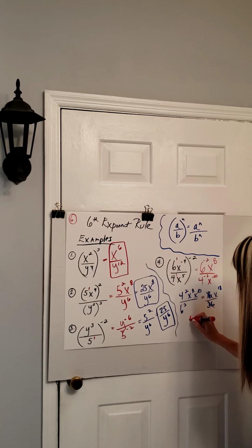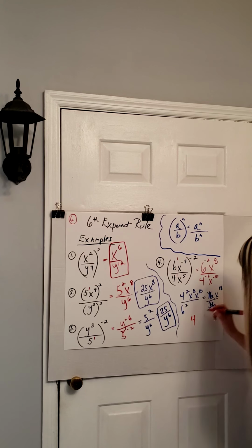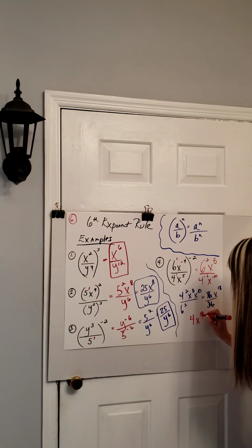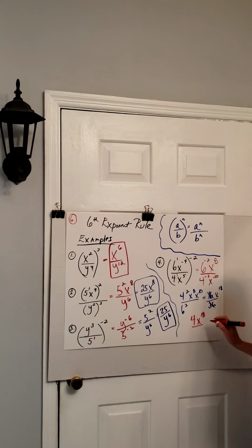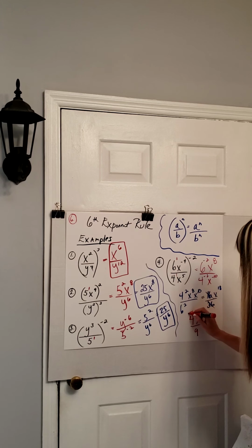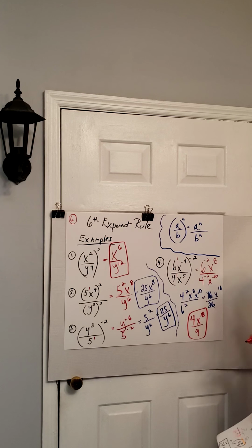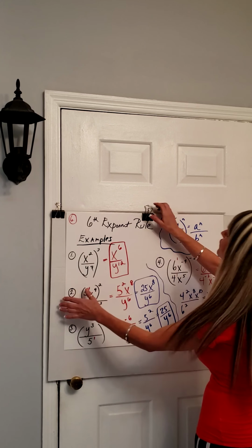Dividing that 16 by 4 would give me a 4. X to the 18th over 36 divided by 4 would be 9. Again, you can reduce in the beginning. I personally just like to reduce at the end. I feel like it's less messy that way. So that is our 6 exponent rule. There are 6, at least. Okay?